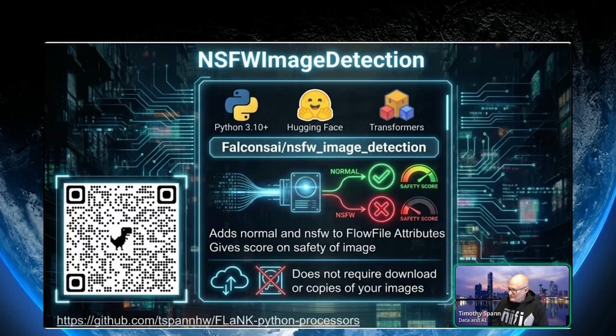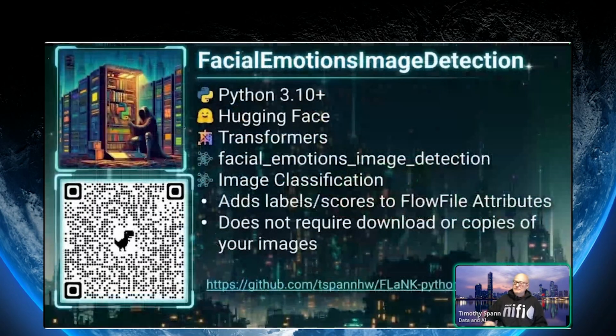So I detect if there's something wrong with the image, and maybe it either gets immediately directed or sent to something for a human in the loop to validate it, or gets deleted, puts those people on suspension. There's lots of downstream actions you may want to do. NiFi is often used with cybersecurity and other chains like that. So you may be using it to validate data. Well, one kind of data now is images. So let's make sure that they're safe.